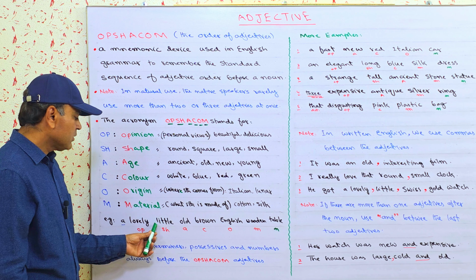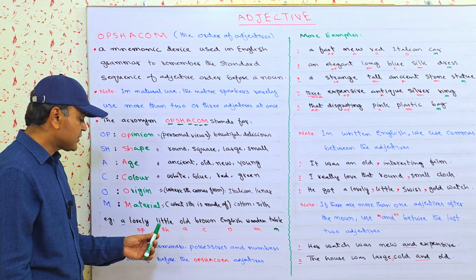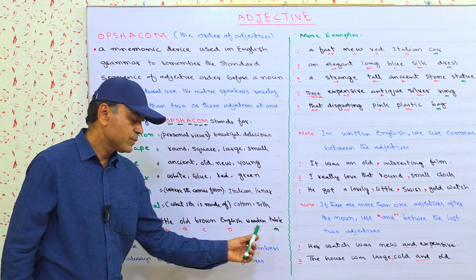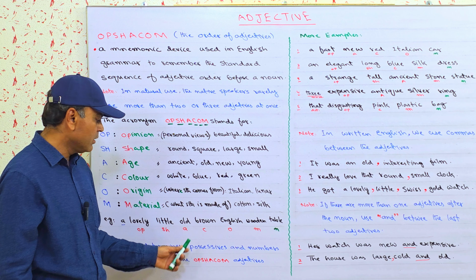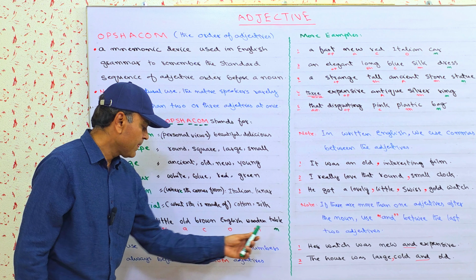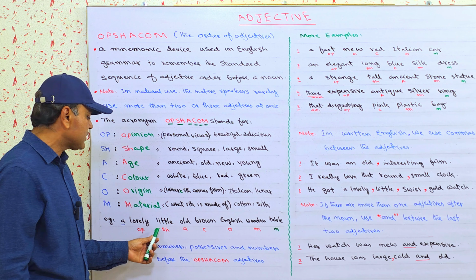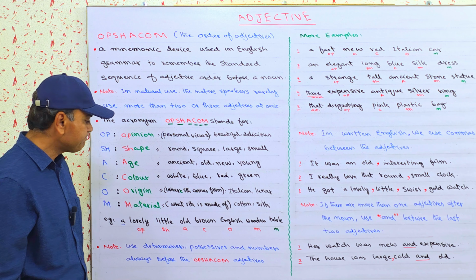Then little, a lovely little. Little shows the shape of the table, so I have placed it after the adjective that shows opinion. Old table, old shows the age of the table, so I have placed it after the adjective that shows shape.